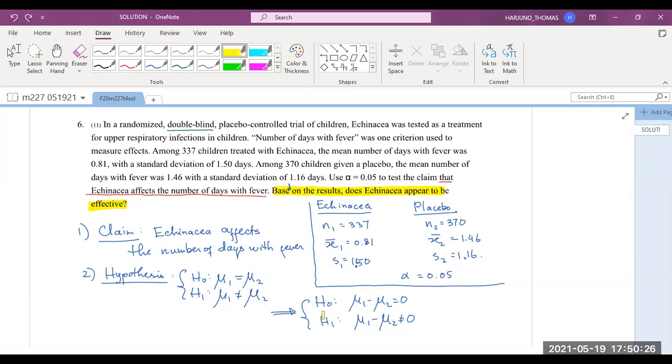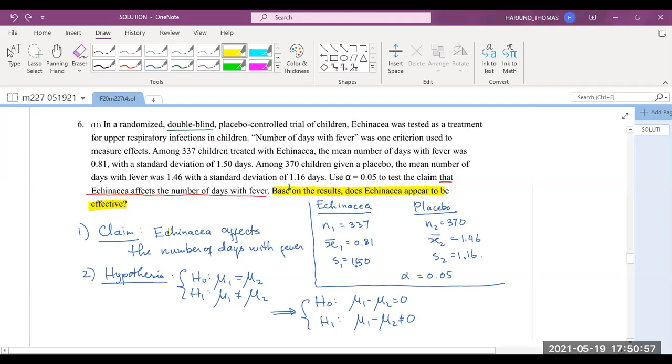So your conclusion cannot be about it being effective to reduce or lessen the number of days with fever. You see how people claim one thing but conclude another thing. The claim is two-tailed, but be very careful that your conclusion should not be whether echinacea appears to be effective or not. Your conclusion should be the claim.